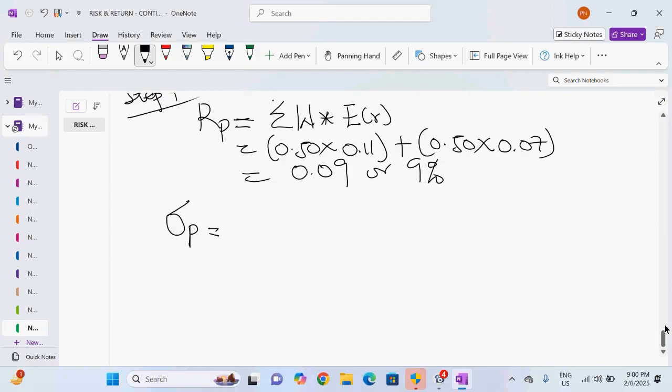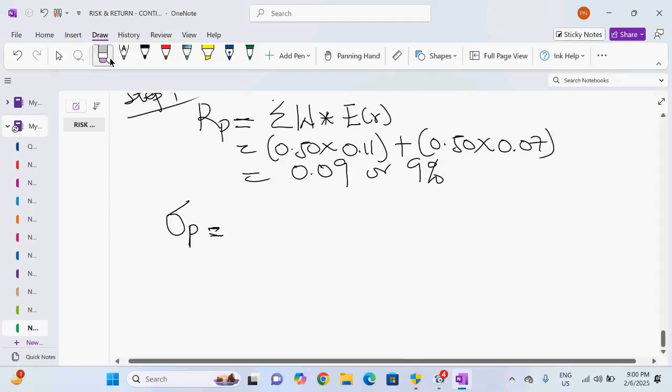So what is the formula? Let me write standard deviation first. What is the general formula for the standard deviation?